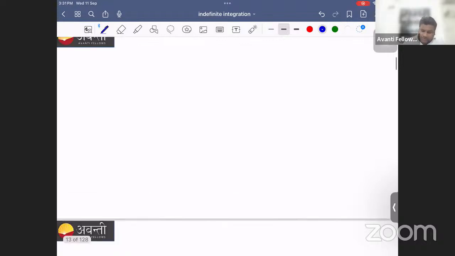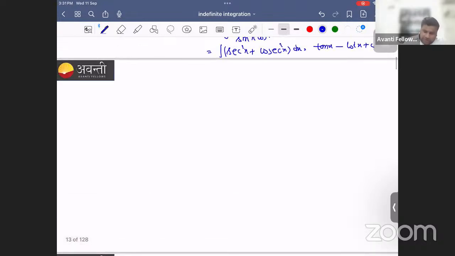Now see another very brilliant question, important also, that is integration a sine cube x plus b cos cube x upon sine square x into cos square x dx. Well, how do you do it?